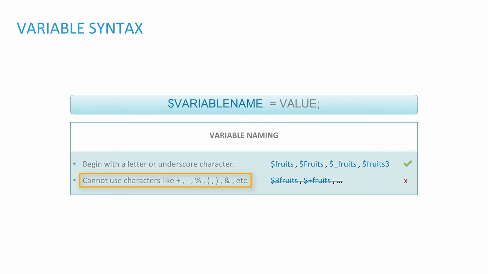So declaring variables like $3fruits or $+fruits are not acceptable in PHP. And finally, we use the equal operator to assign or store a value to that variable, followed by a semicolon at the end of every statement, as I mentioned earlier.